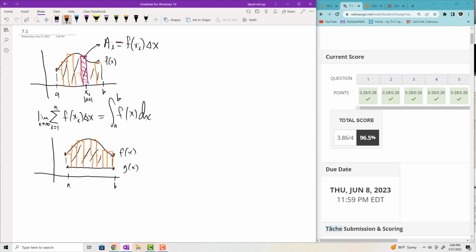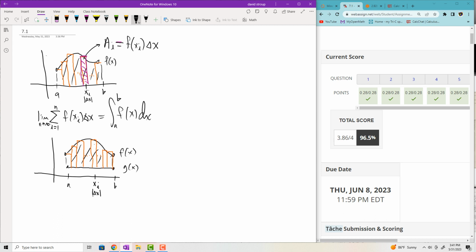And then we can, again, try to find the area. Let's say this is our generic rectangle. We're always going to position it at some point x sub i in that interval from a to b. The base, we'll say, is change in x. And then what's different this time is the height.